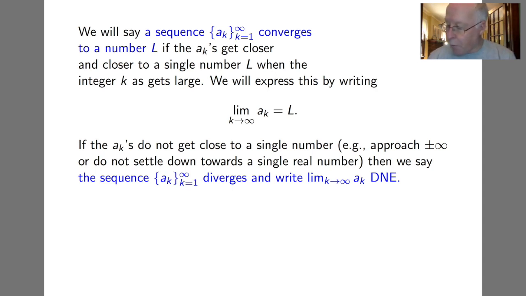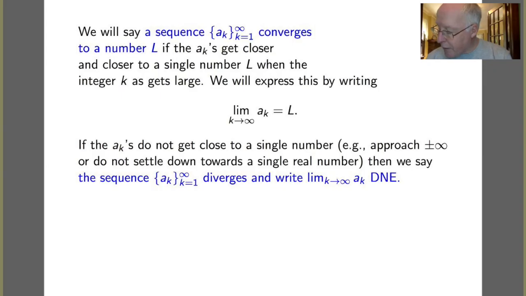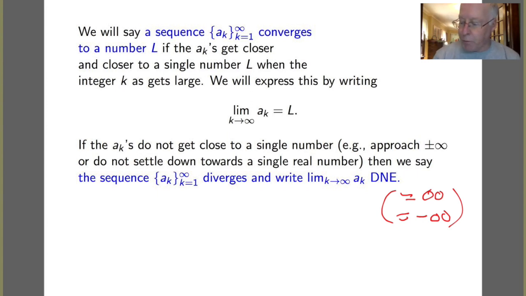And sometimes we'll also write that the limit is equal to infinity or minus infinity, if we want to give that extra information about what happens to the terms of the sequence.